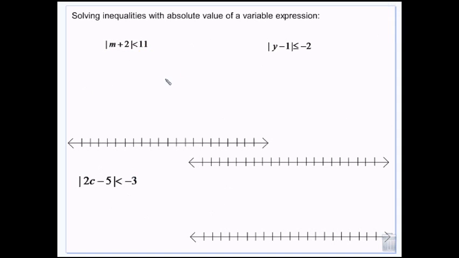When we have a variable, an expression inside, we still do the split, but then we solve. All right, so I'm going to do m plus 2 is less than 11. M plus 2 is greater than negative 11. So I split and I flip when I change the sign. Then I solve each one individually.